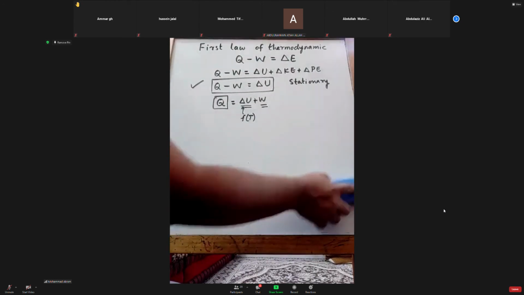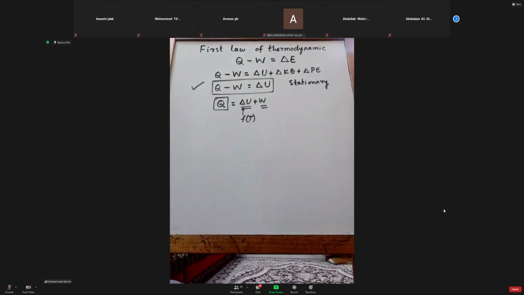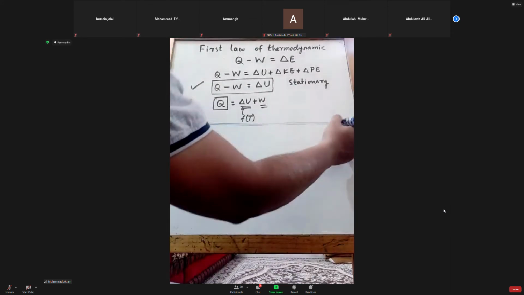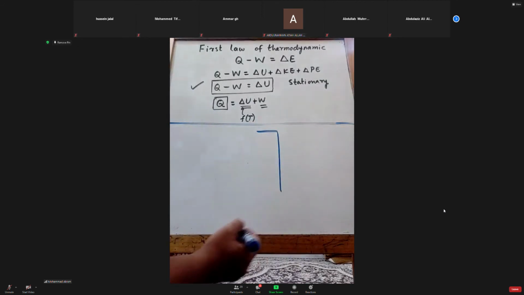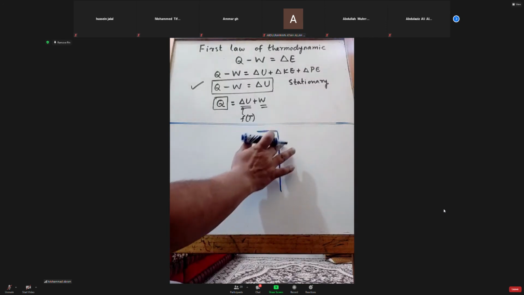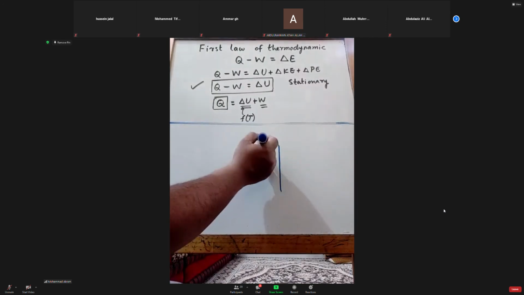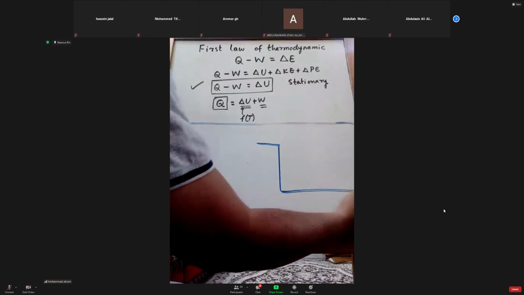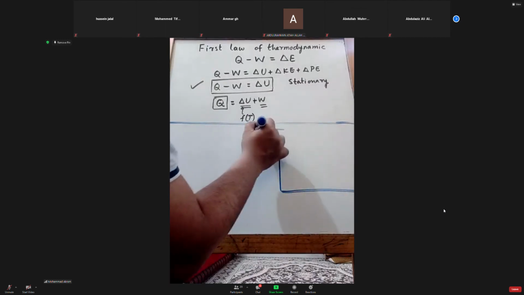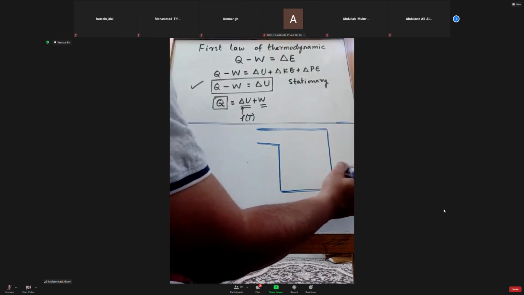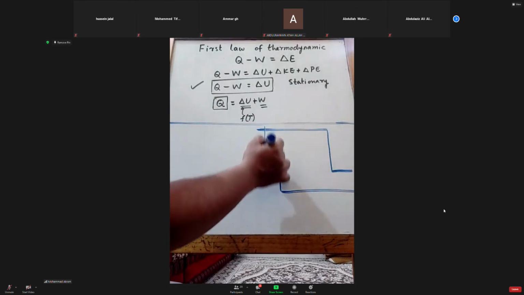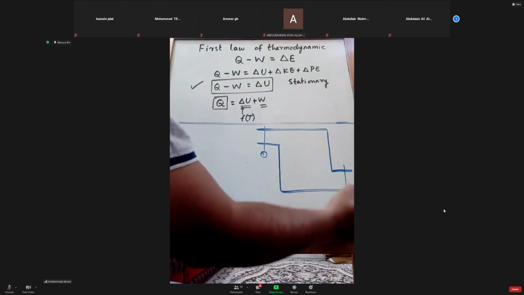So if you have, this is the inlet, this is the outlet.